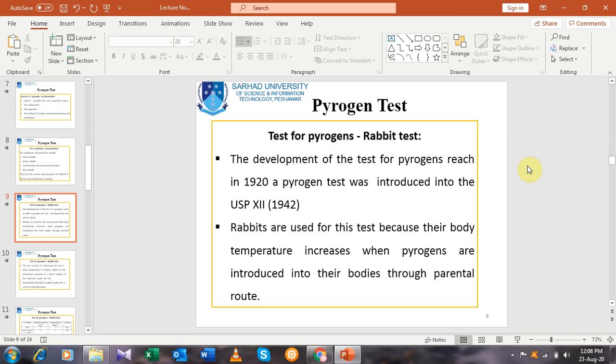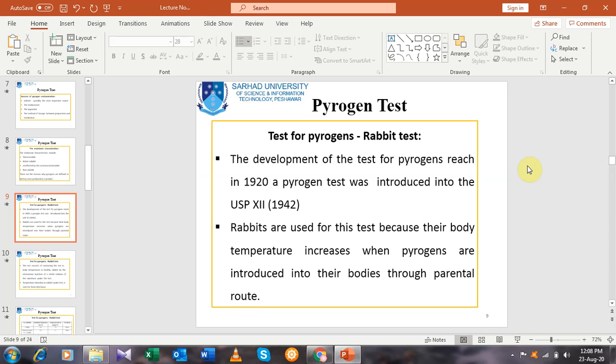That's why we say that mature and healthy rabbits are chosen for performing this test, because their body temperature increases when pyrogens are introduced into their body through the parenteral route. Because we are going to test the sample, the sterile product, and we are checking whether there is any presence of any pyrogens or endotoxin in the sample or sterile product under test.